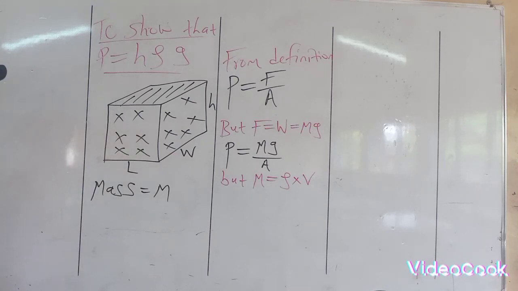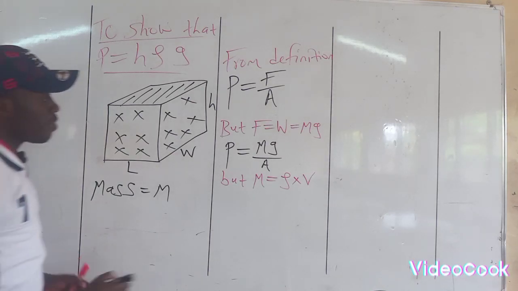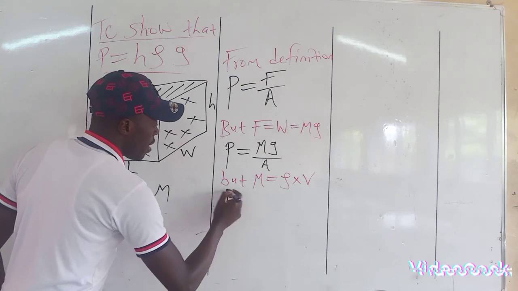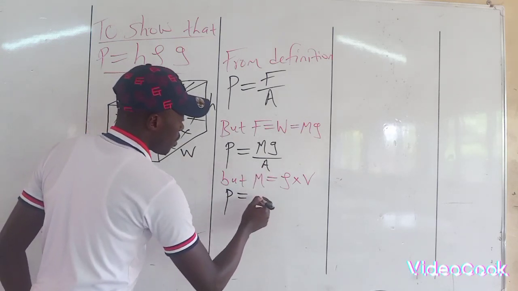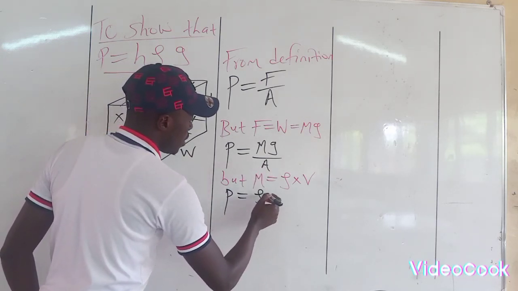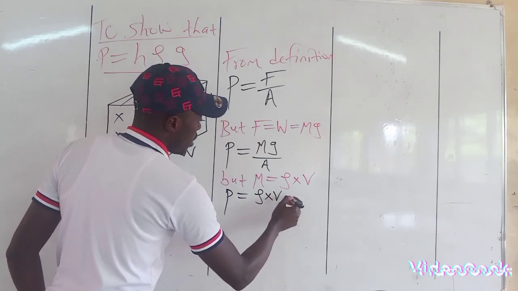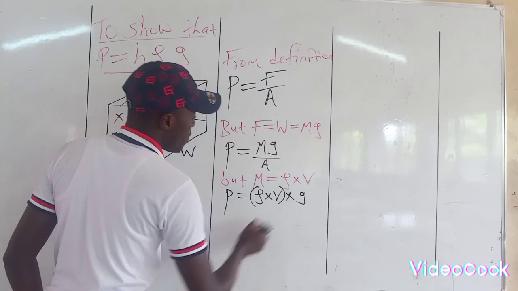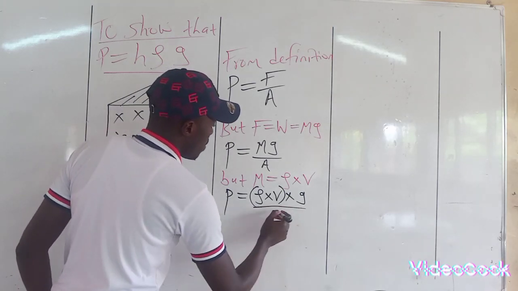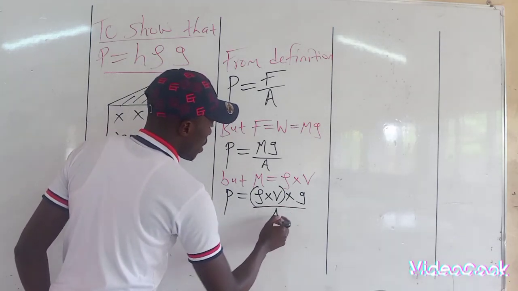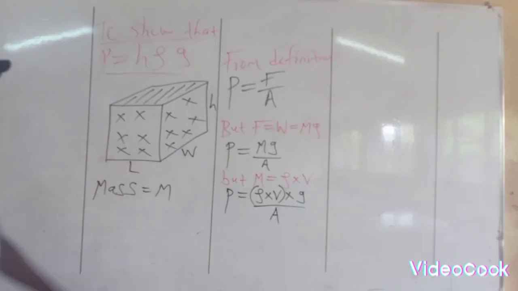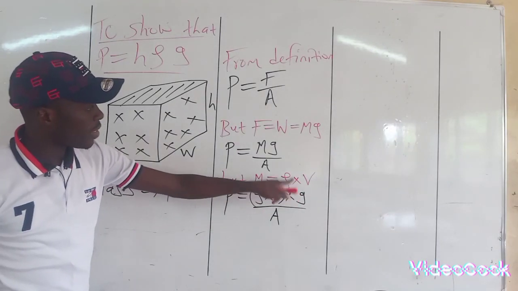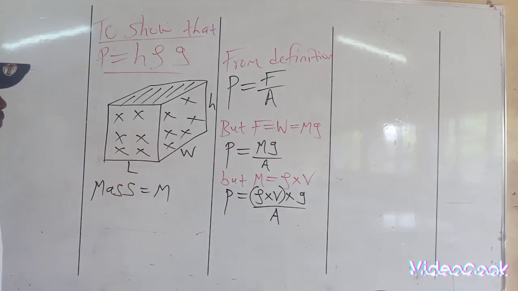So pressure here becomes rho times v times g divided by area. We have replaced the value of mass in our equation.